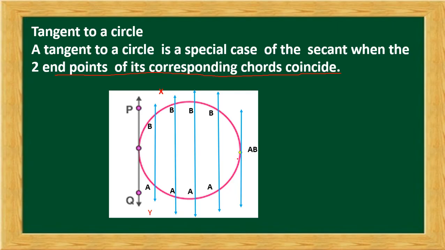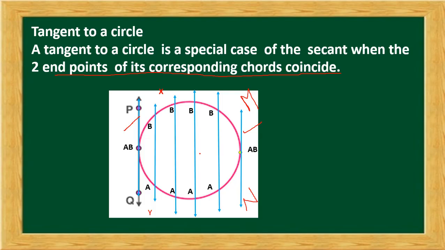Here this line and this line PQ are both tangent lines, where the 2 points A and B of the secant coincide with one another. Now if we name this other line M and N, we can say PQ is parallel to MN.